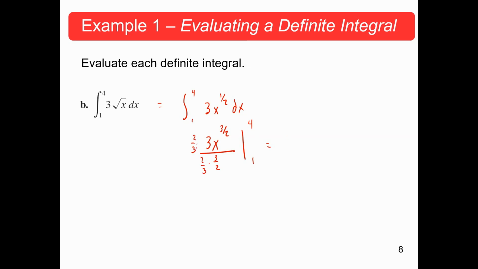So this gives us, the 3's cancel out. We just have 2x to the 3 halves evaluated from 1 to 4. Y'all see how that happened? Okay? So, square root of 4 is 2, cubed is 8, 8 times 2 is 16, minus, plug in a 1, 2, we get 14.